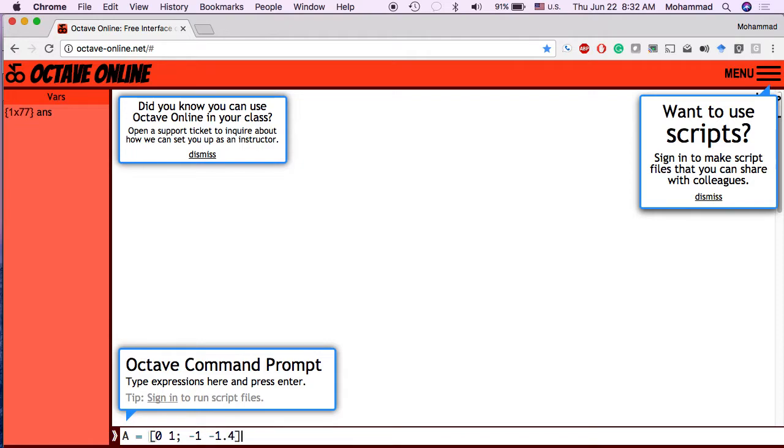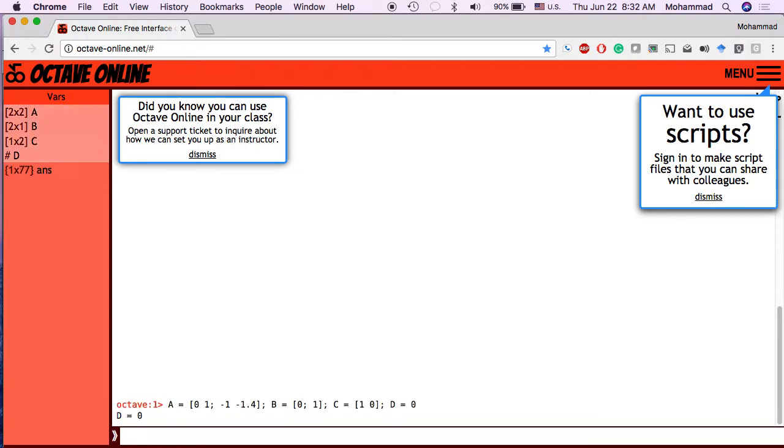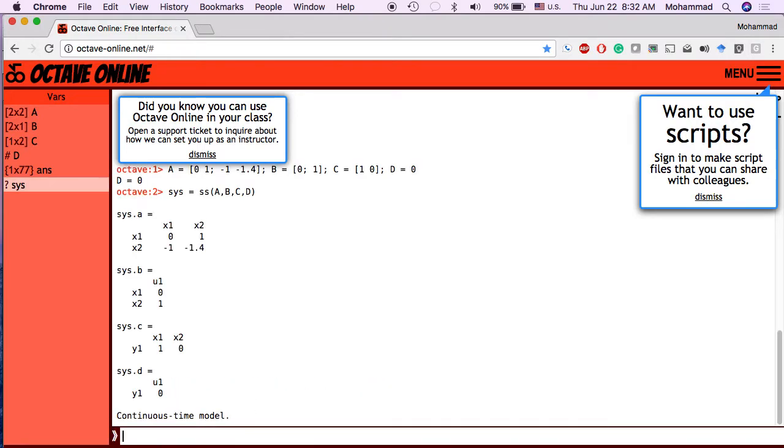I'm using MATLAB, so I'm creating the A matrix, the B matrix, the C matrix, so the displacement is the output. So the system is created as a state space with A, B, C, and D matrices.